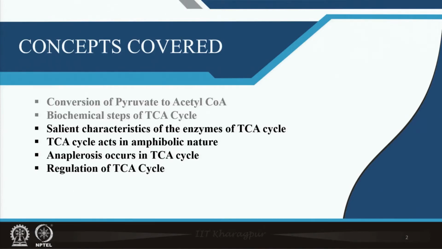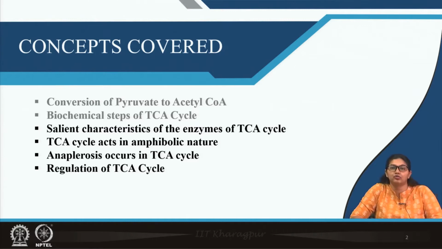In the previous class we already discussed the conversion of pyruvate to acetyl coenzyme A as well as the detailed biochemical steps of the TCA cycle. Now, in this class we will discuss different salient features of the important enzymes present in the TCA cycle, as well as two important features of the TCA cycle: it acts in an amphibolic nature, and it has multiple anaplerotic reactions within it.